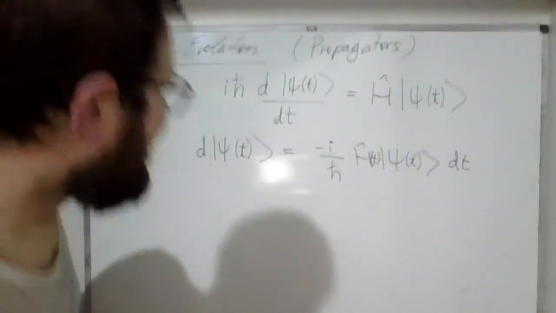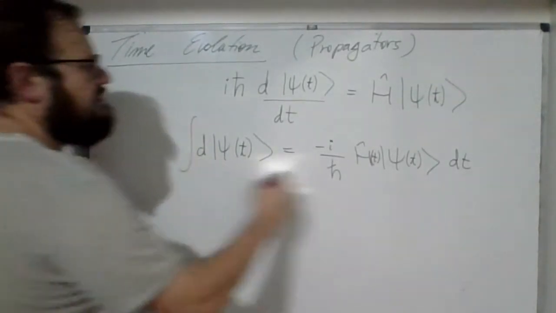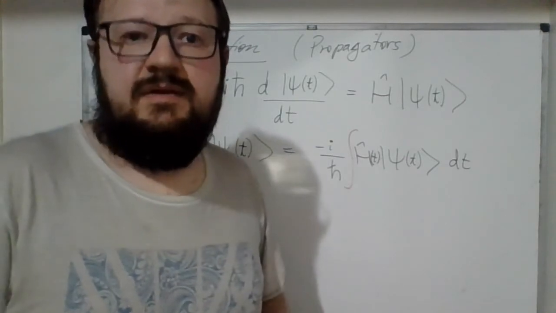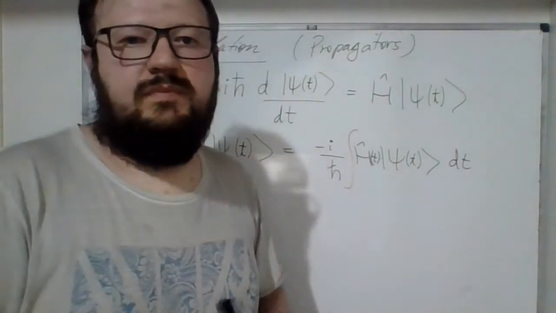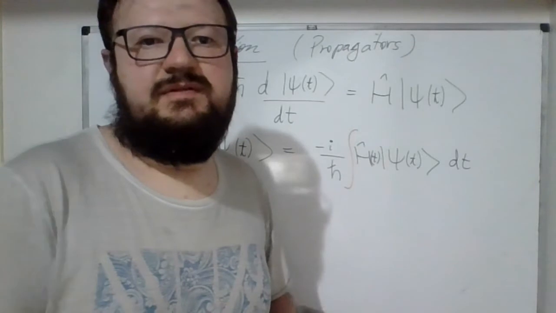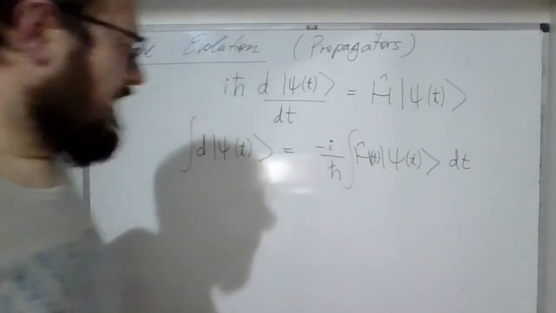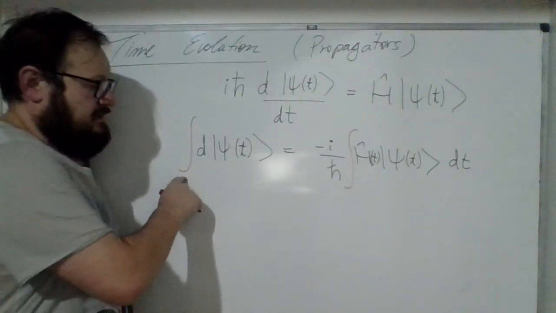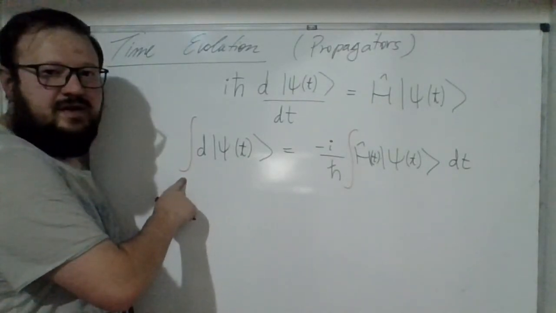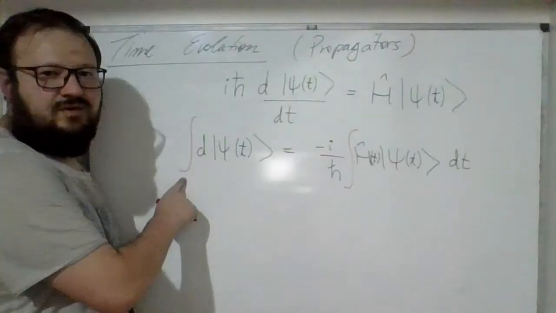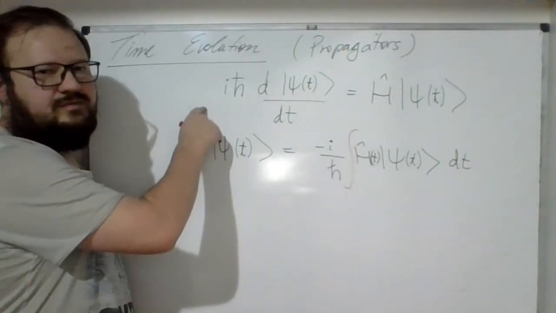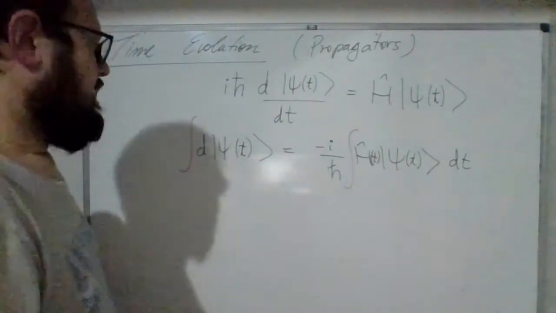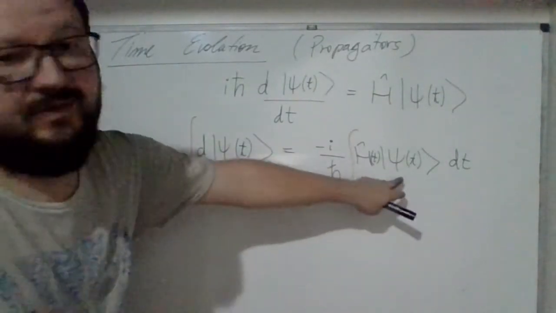Now we can integrate both sides. If you integrate in any given limit that you want, you'll have a problem. For instance, if you consider the inferior limit to be the time t equals to 0, and you integrate to time t, and this interval is not infinitesimal, you don't know what happens there.